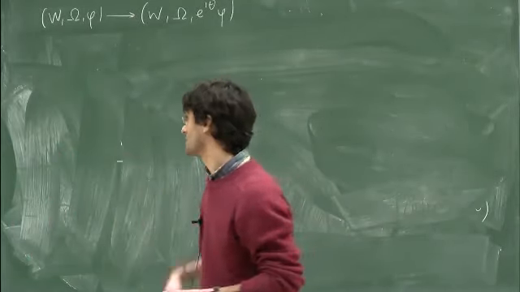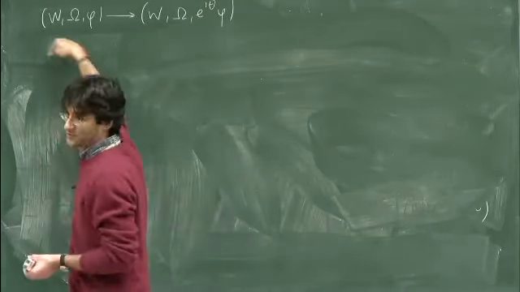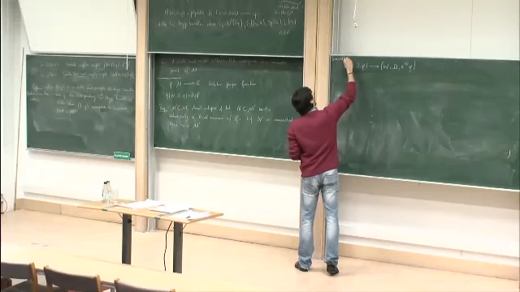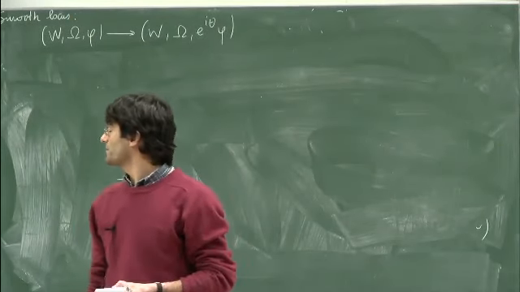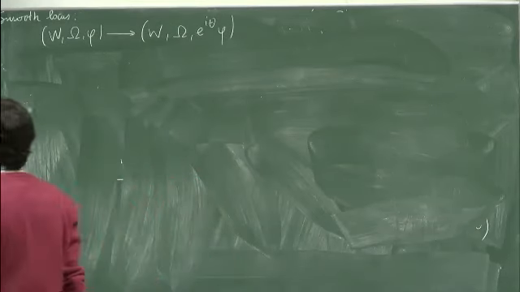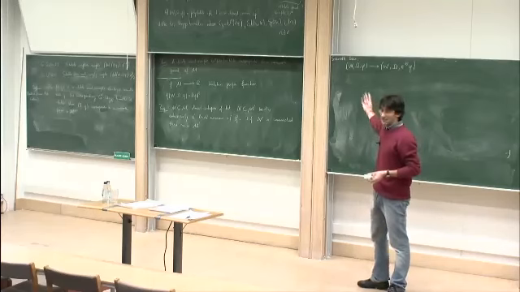And so the critical points of F on smooth points. So I'm now restricting to the smooth locus. Okay. So the critical points of F are the fixed points of this action.